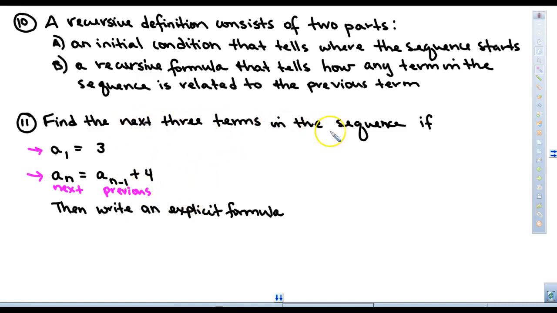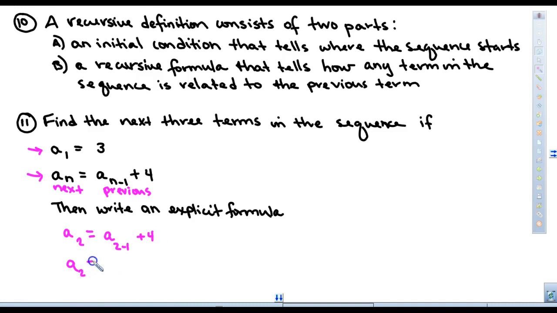So it says find the next 3 terms in the sequence. All I have to do is, I know what a sub 1 is. So if I want to find a sub 2, then I'm going to put 2 in the place of n here and here. So a sub 2 is equal to a sub 2 minus 1 plus 4.